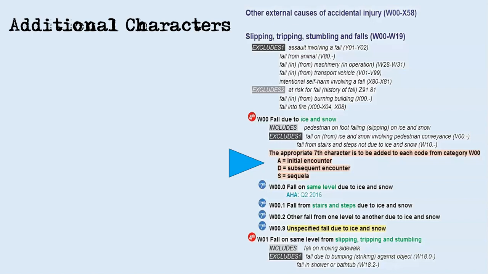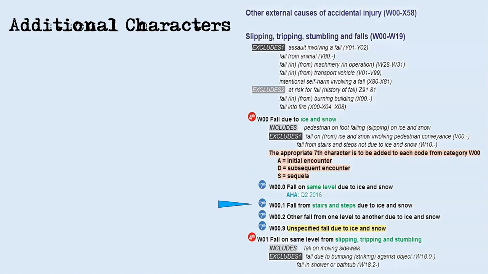The letter D should be used after the active phase of treatment and when the patient is receiving routine care for the injury during the period of healing or recovery. One example is the patient returns for a follow-up visit. For this presentation, we will not cover the letter S.